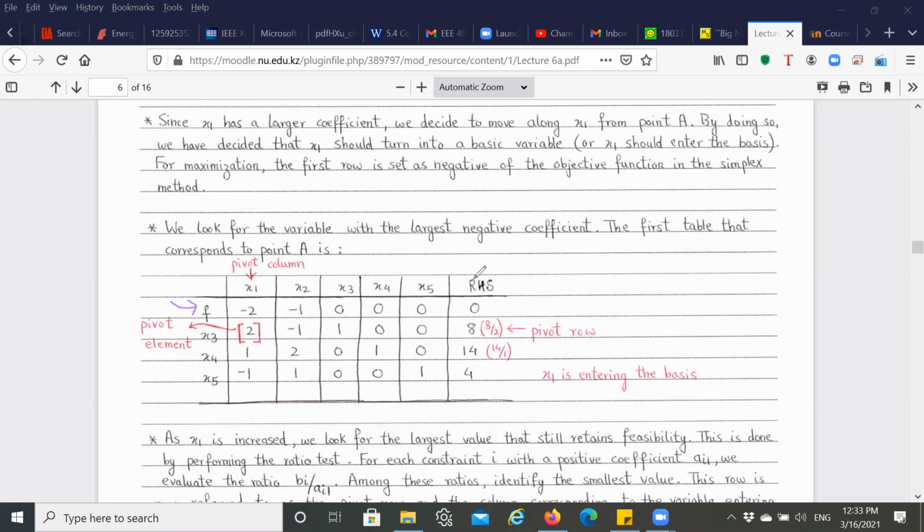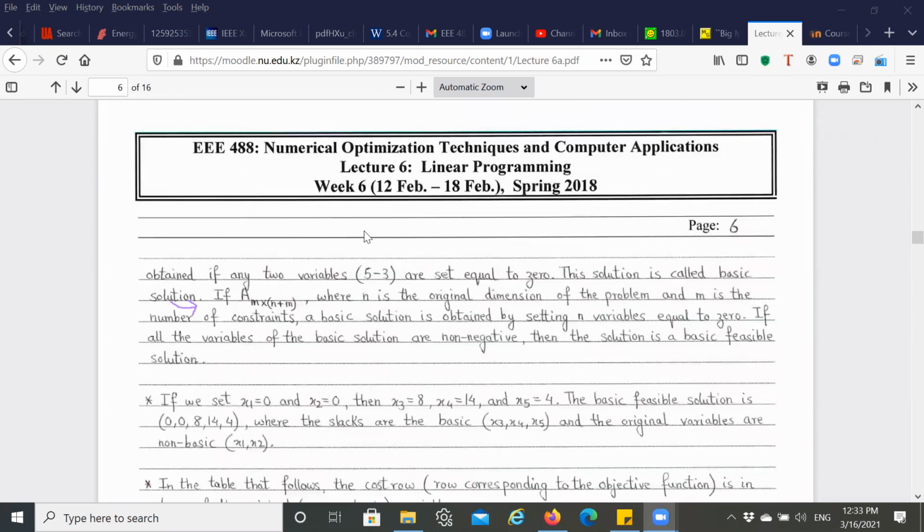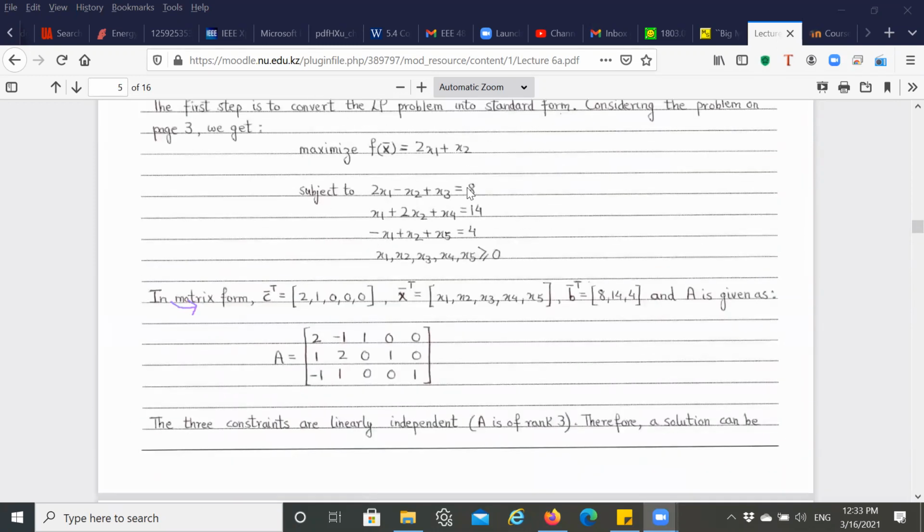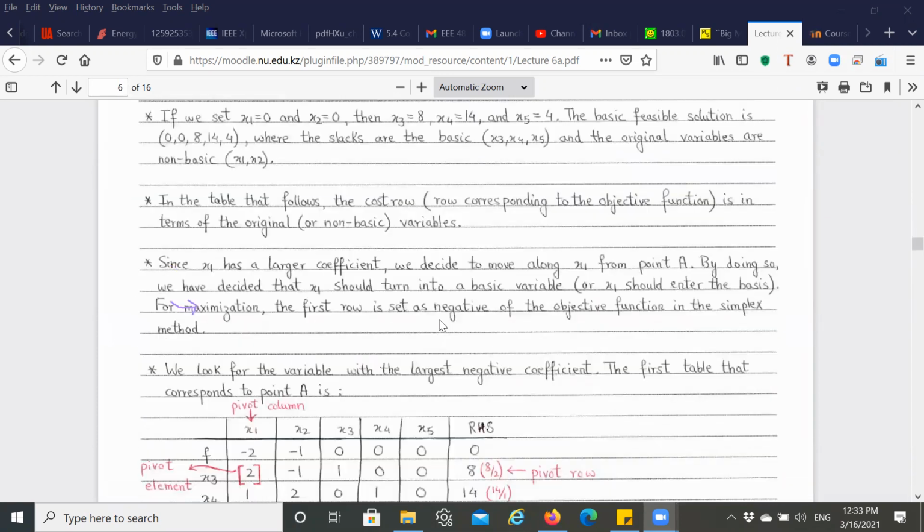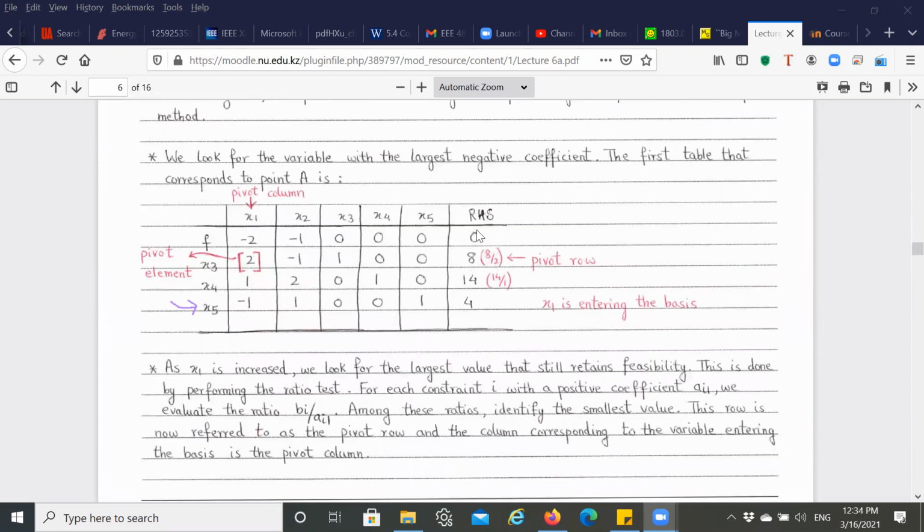Then RHS means right-hand side, which is the B column vector, 8, 14, and 4, so I put this here. The cost row has no value there. Do you know how we got this negative sign? It was maximize Z equal to, say, 2x1 plus x2.